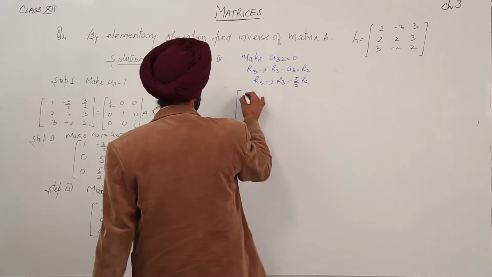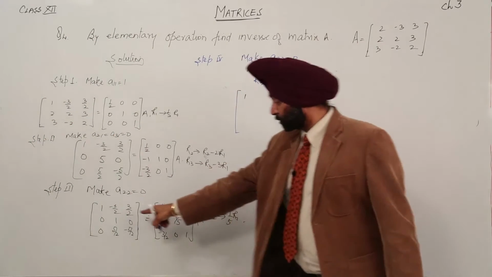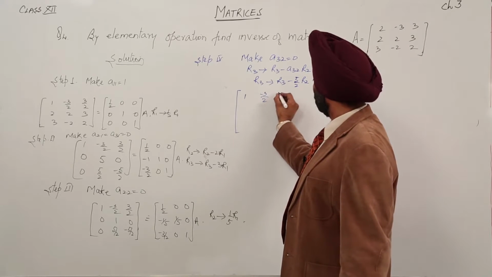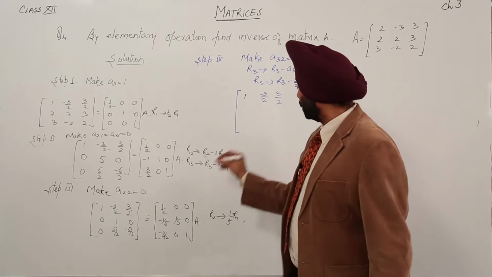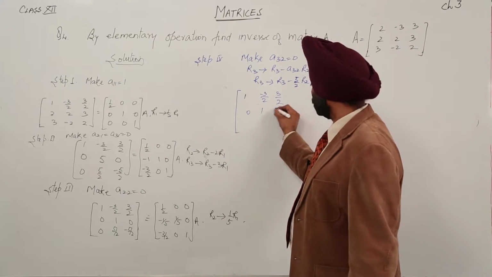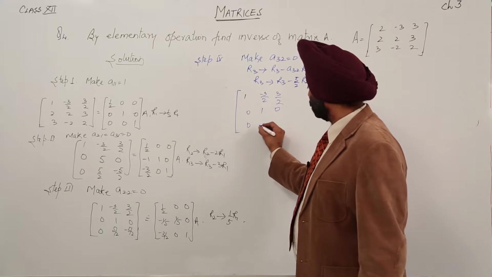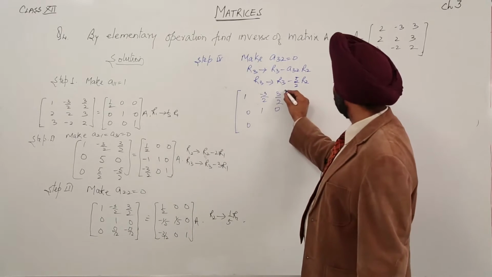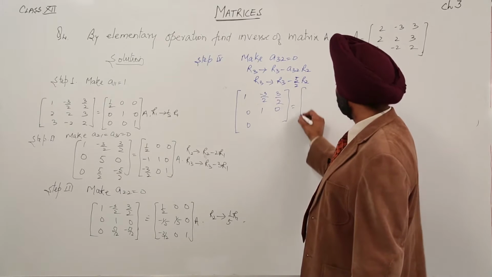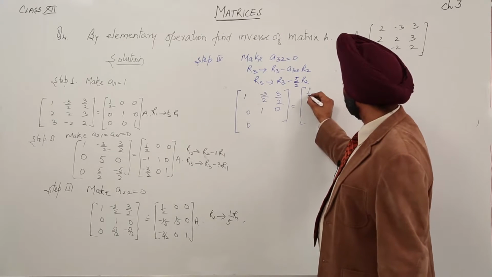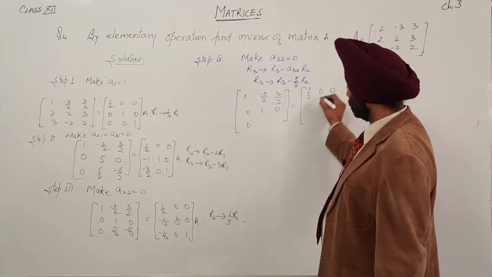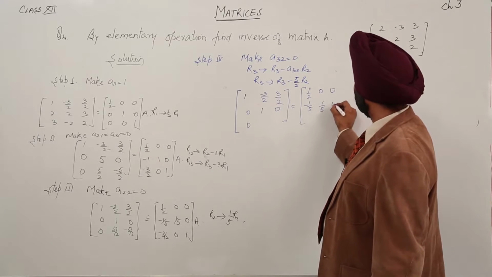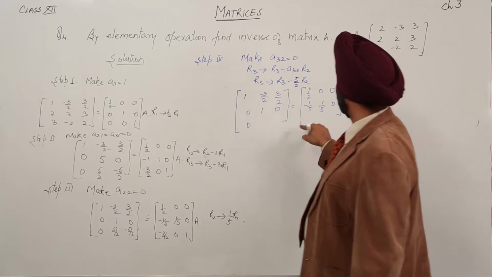So we are writing this part, 1, minus 3 by 2 and 3 by 2, then 0, 1, 0 and then 0. Now we have to change this part. Okay. So here it becomes half, 0, 0, minus 1 by 5, 1 by 5, 0, and now for the last row.